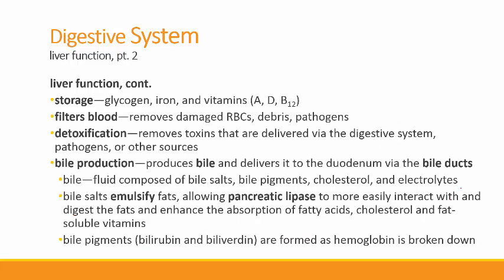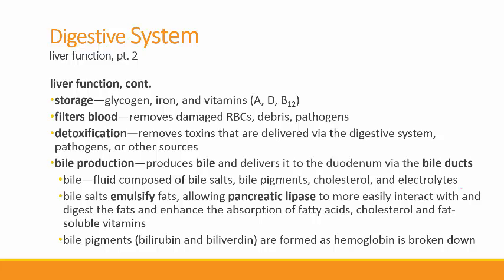It stores materials, especially glycogen. It stores iron that has been recycled from blood cells that were broken down, and it also stores a lot of vitamins, so the liver is a rich source of vitamins A, D, and B12, especially if you eat livers of animals.